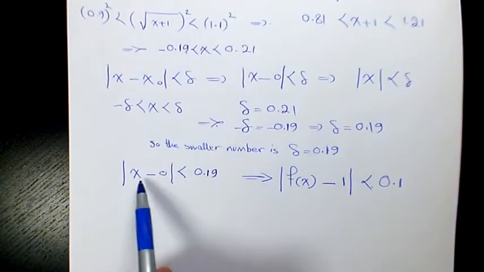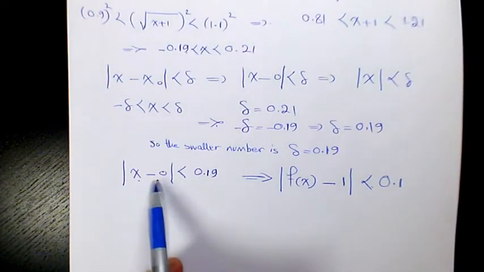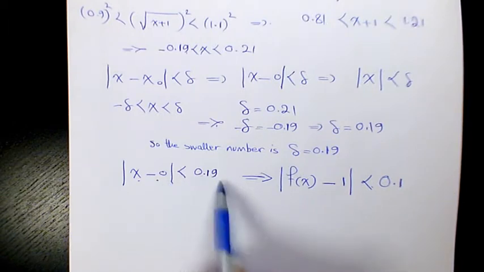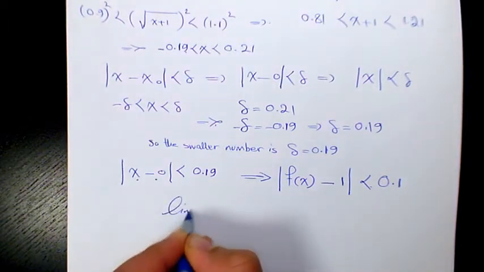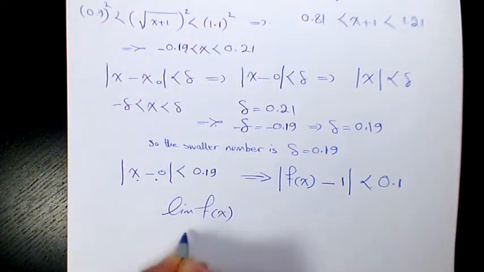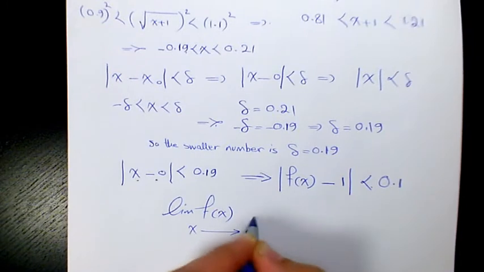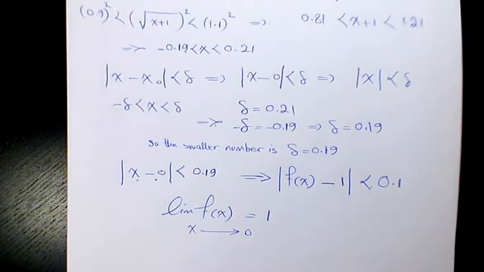The distance between x and 0 is smaller than 0.19, and the distance between f of x and 1 is less than 0.1. So we can say that the limit of f of x when x is approaching 0 is going to be equal to 1.